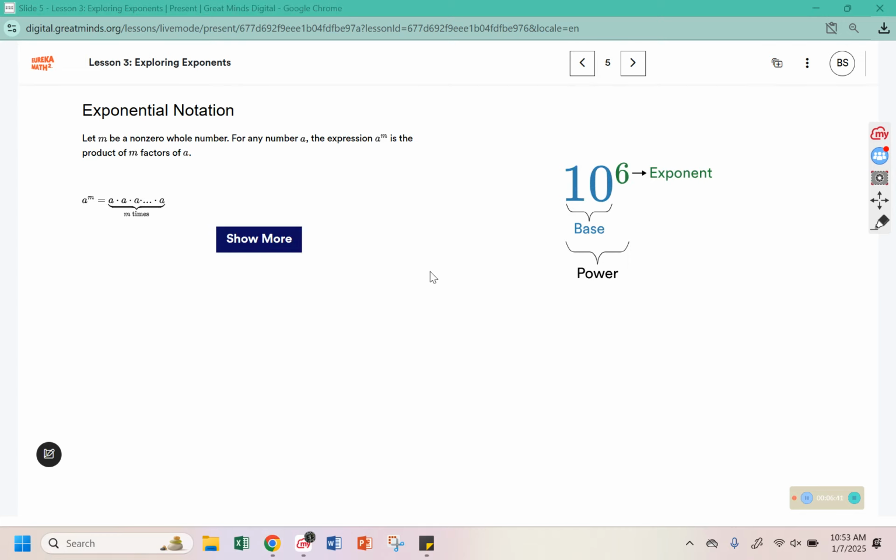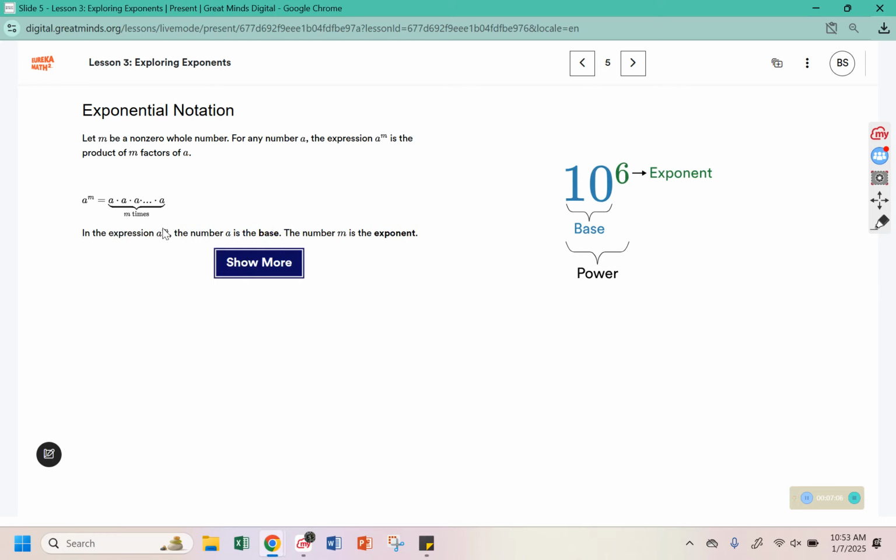This says let m be a non-zero whole number. So m is that exponent. And for any number a, where a is the base, the expression a to the m power is the product, meaning multiplying, m factors of a. So we multiply it out as many times as m shows up.